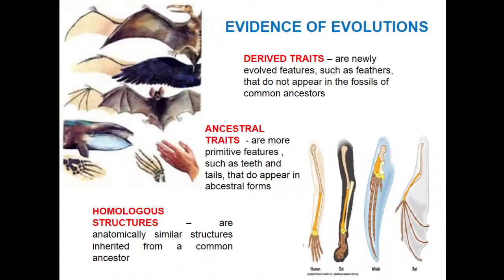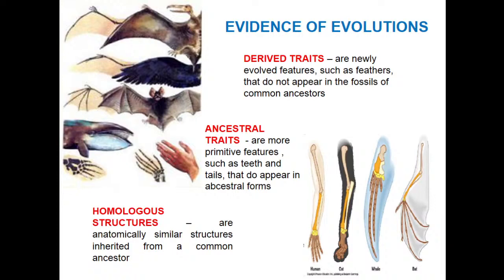If we talk about evidence of evolution, we need to speak about three moments. First, derived traits are newly evolved features, features that do not appear in the fossils of common ancestors.